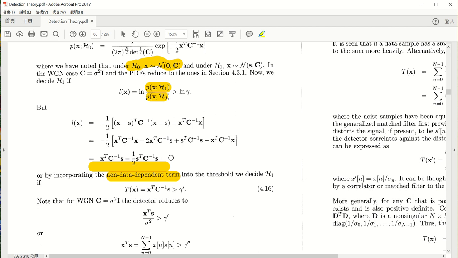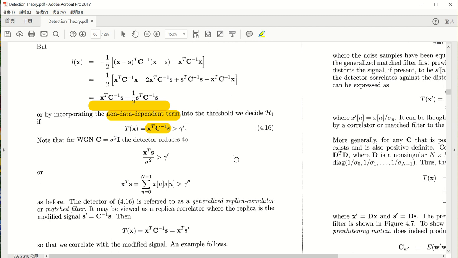Since it's a constant, we just put it at the right hand side and name it a new name. This is sort of like a change of variable as we did before. Originally it's supposed to be this larger than some kind of threshold. Now we just discard this term into the right hand side, and you are left with this data dependent part, which is this larger than gamma prime.